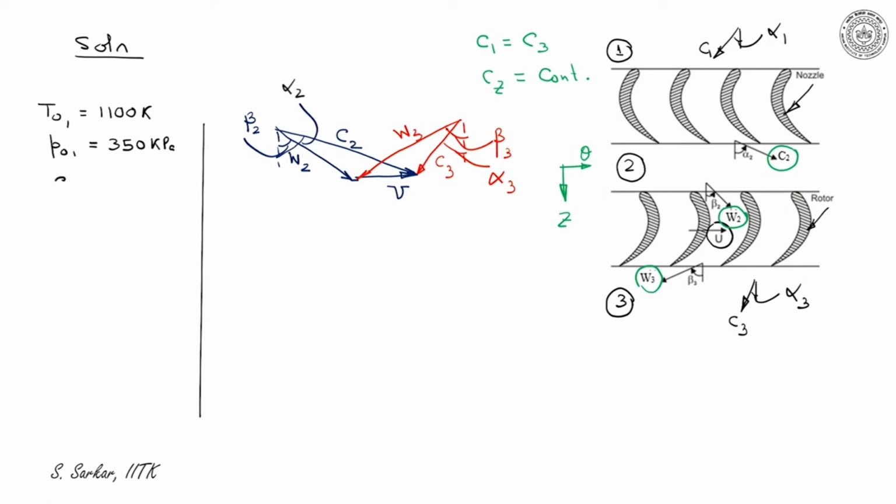Cz, axial velocity, is given as 260 meter per second. U, blade speed, as 350 meter per second. Alpha 2, 60 degree. Alpha 3 is equal to 12 degree.